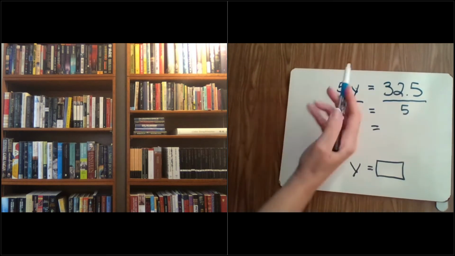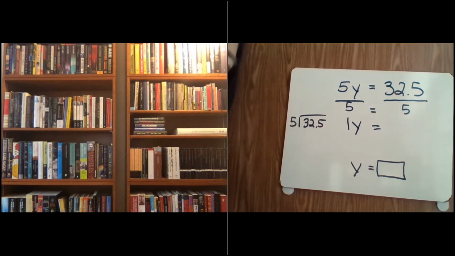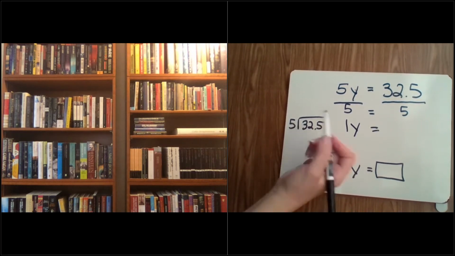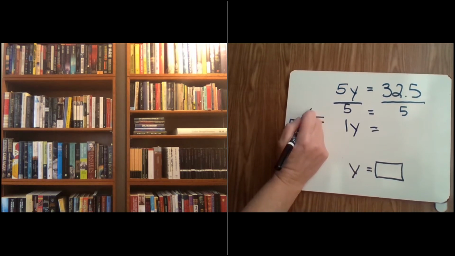But now I have to solve 32.5 divided by 5. And I'm going to use my little scratch paper over here to do that. Okay, so I need to say 5 goes into 3. Well, it doesn't go in there at all. 5 goes into 32 6 times. I know that 6 times 5 equals 30.